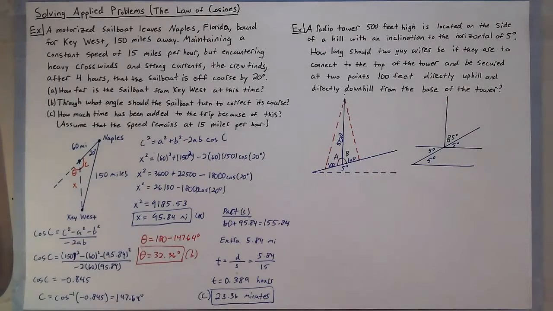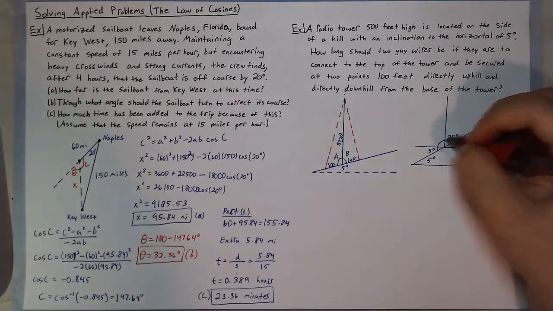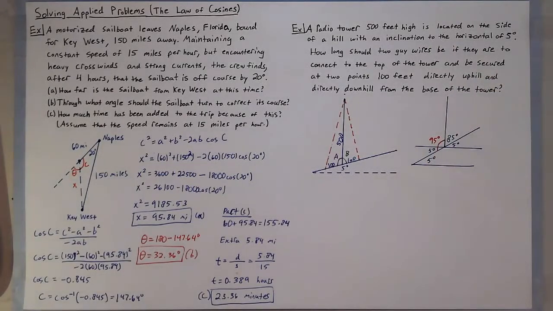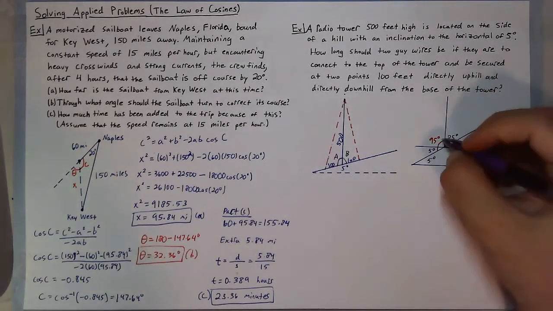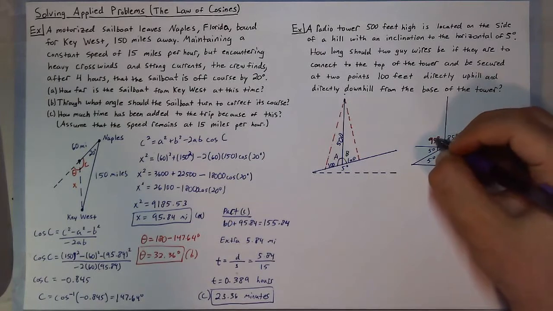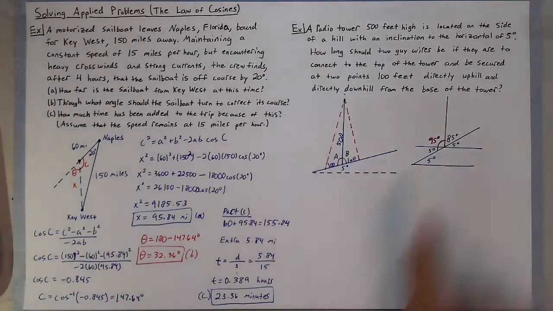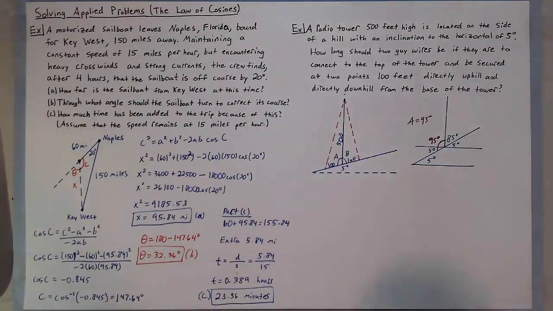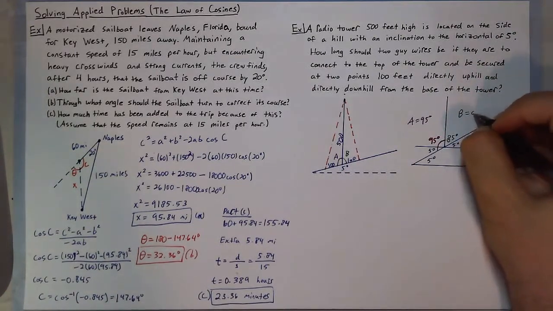And what's left on the other side would be 90 plus 5, so 95 degrees. So now I know what angle A and B are. A should be 95 degrees, and B should be 85 degrees.